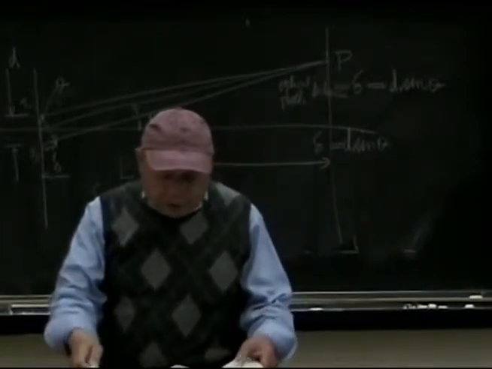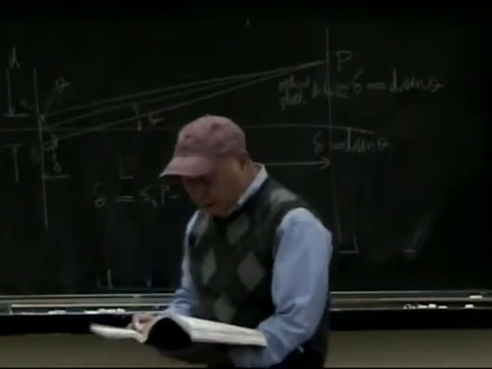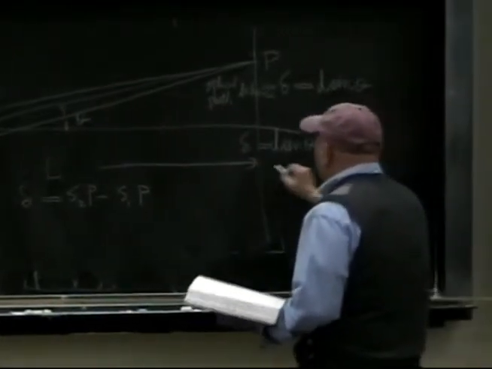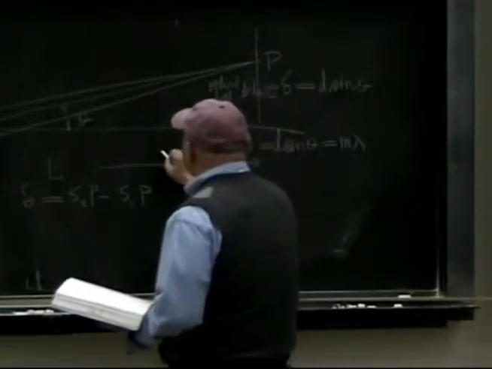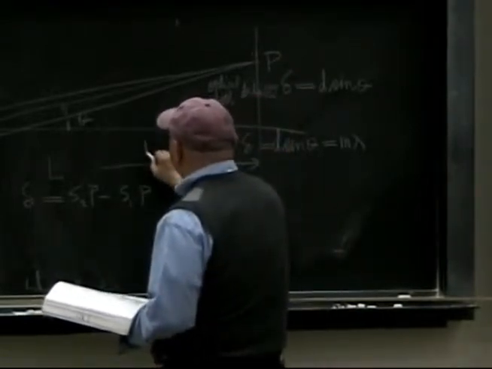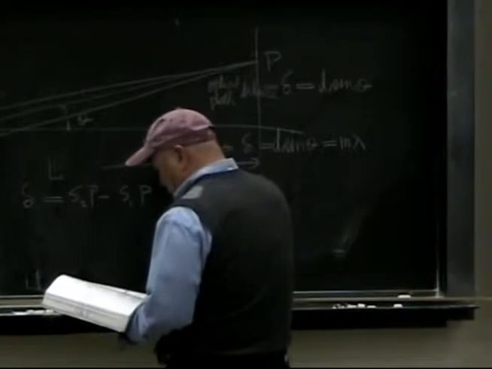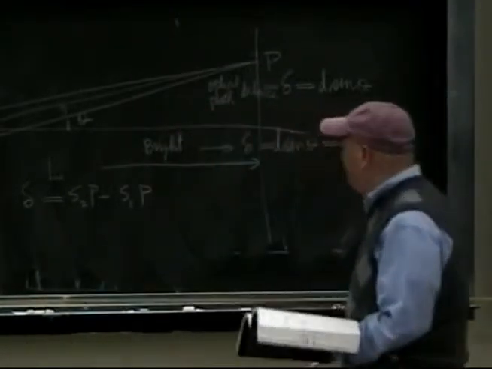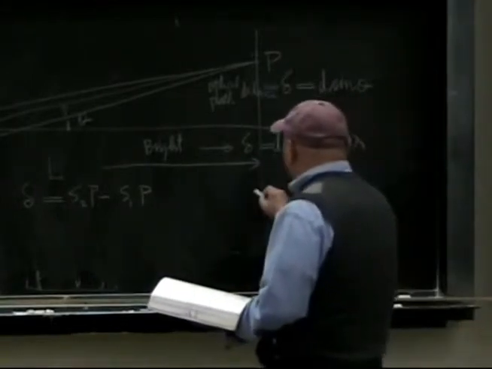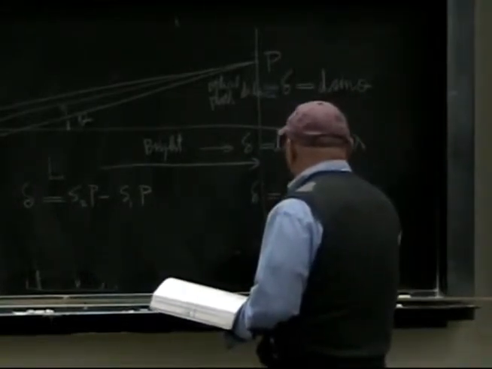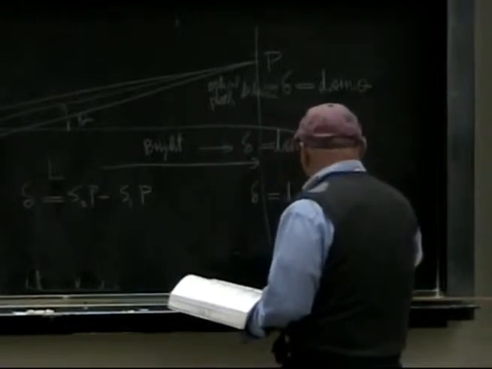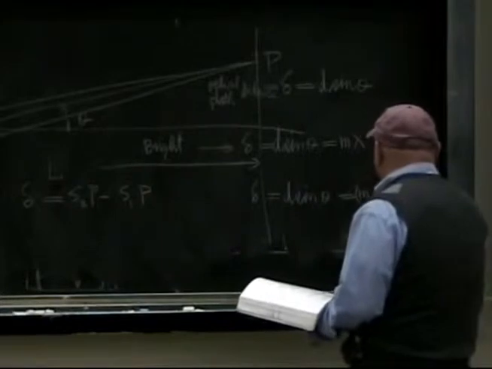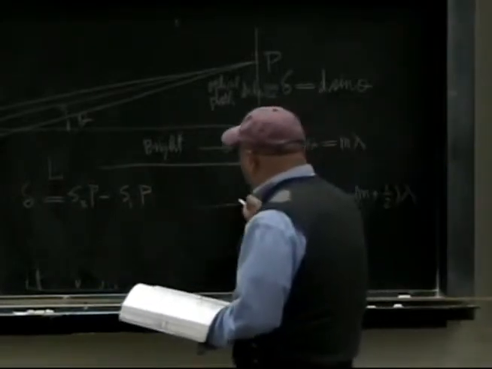When d times sine theta equals m lambda, then this gives us the bright fringes. And if the delta, d times sine theta, is equal to half a wavelength, m plus 1/2 lambda, that will become dark fringes.